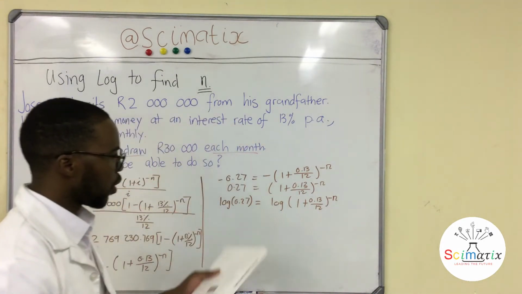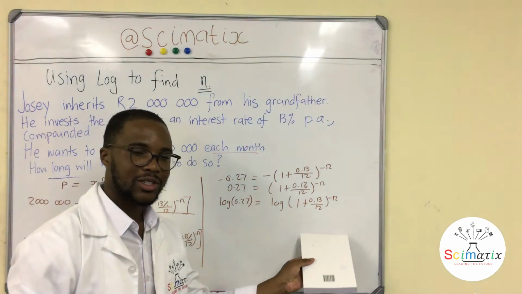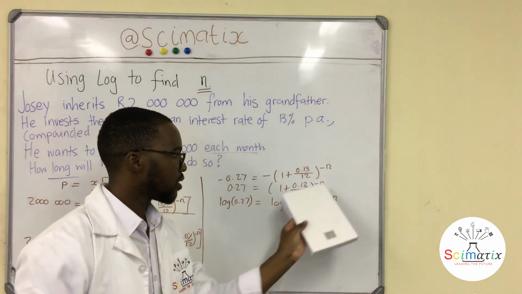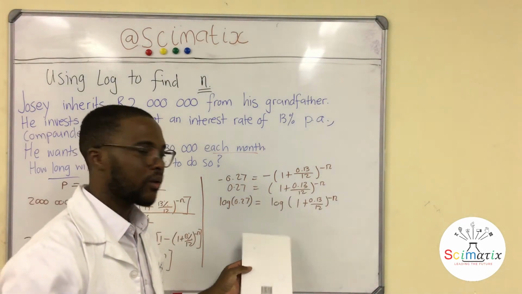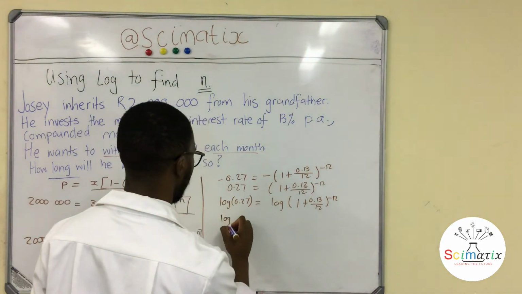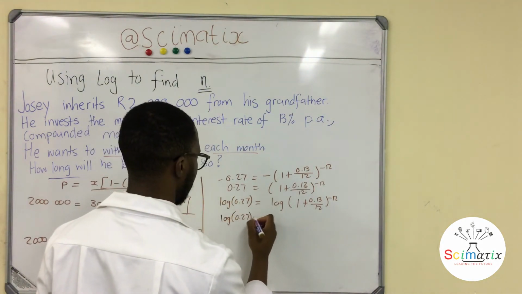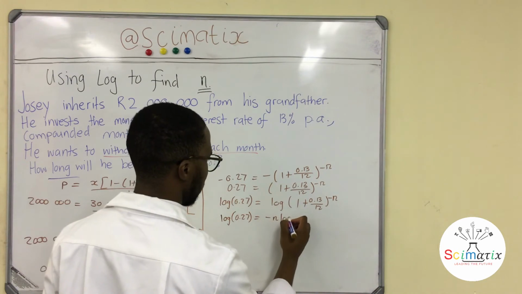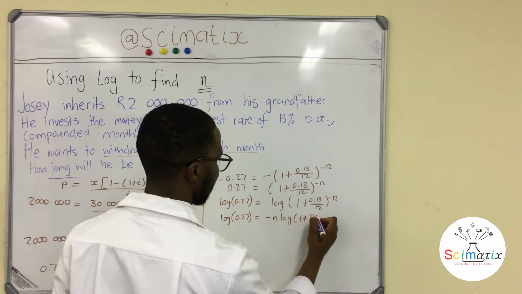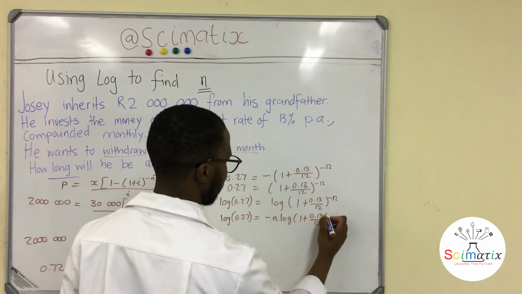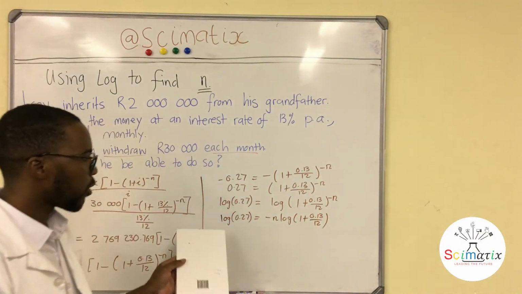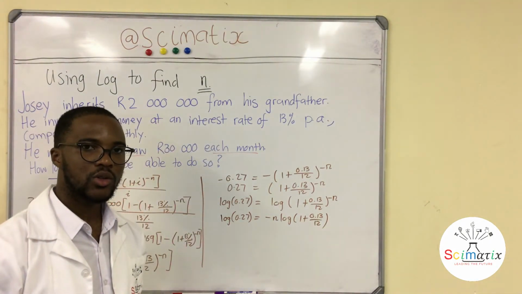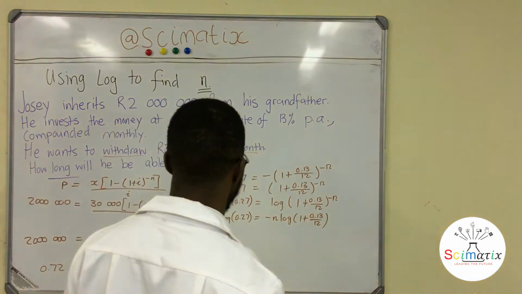If you apply log to an exponent, the exponent comes down. So we're left with the log of 0.27 is equal to negative n times the log of whatever is in the bracket. From this point on, it's algebra again. So let's fast forward.